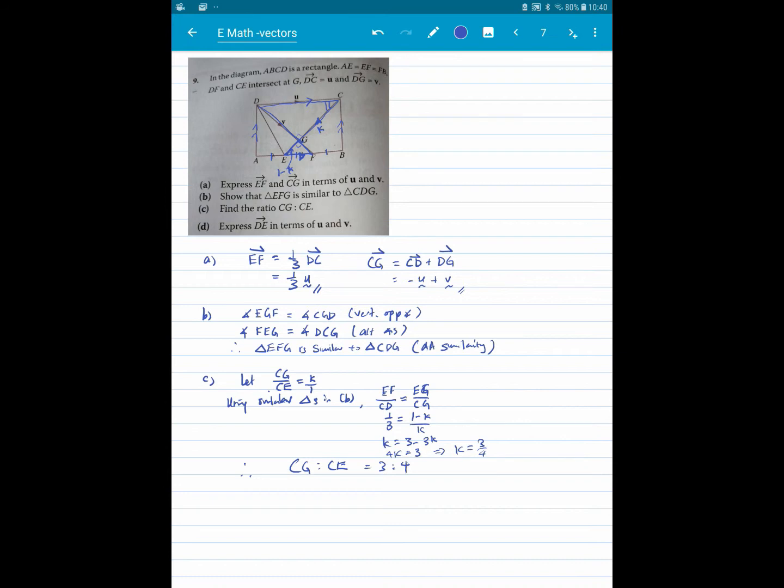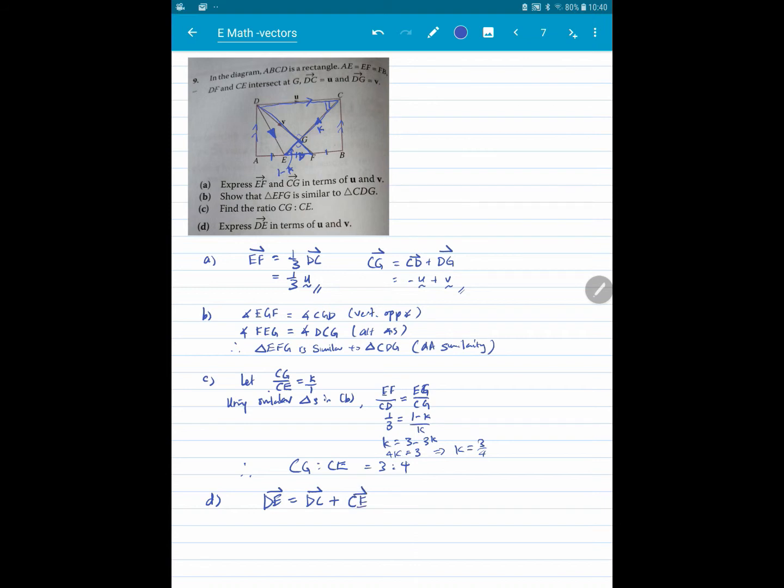In part D, we are asked to express DE in terms of U and V. Let's take a look at where is our DE. DE is located here. So in terms of the addition of vectors, you can express DE as an addition of DC plus CE.